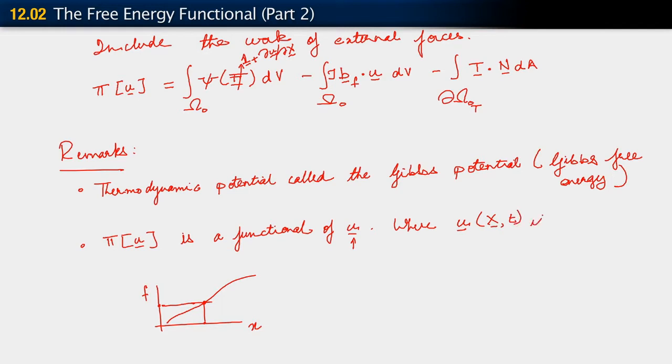U itself is a function. What this means is that to evaluate the functional pi, it is not enough to just have a point value of its argument, like in the case of a function f of x. Pi is a very different object. In order to evaluate pi, you need to know the entire function defined over the entire domain.